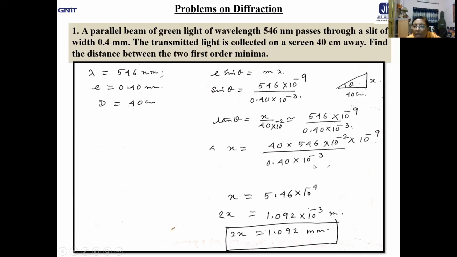From there, you can get the value of x very easily, and it will come out in meter, because everything we have converted into meter. So what about the total distance? That is equal to 2x, that is 1.092 millimeter. Mind it, this is the answer, because they are asked to find out the value of twice x.